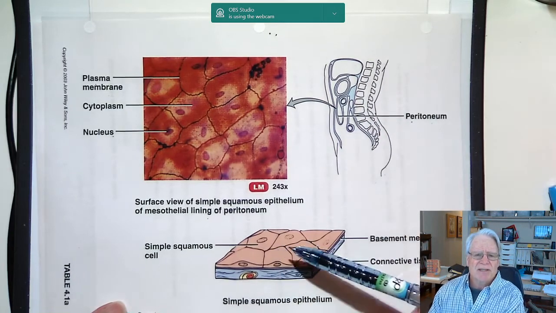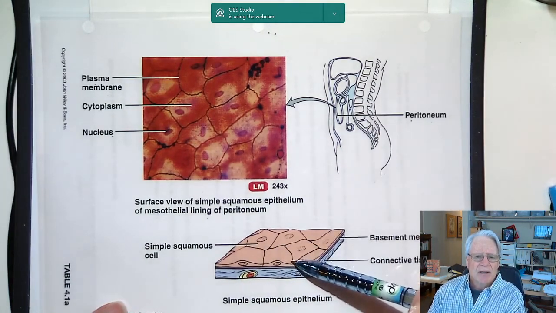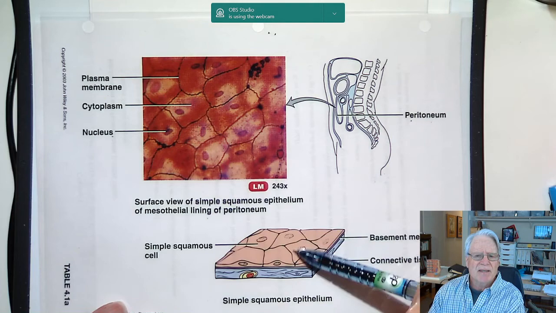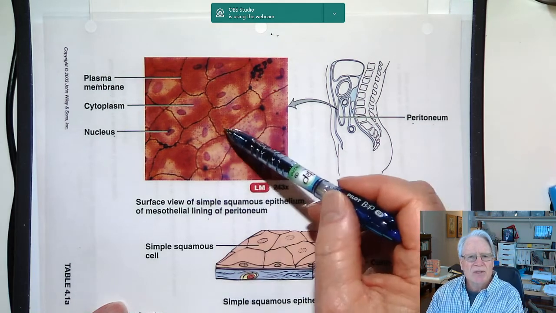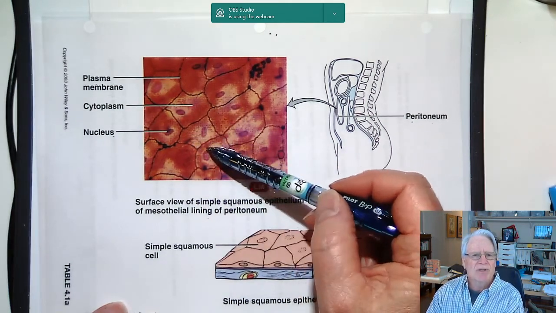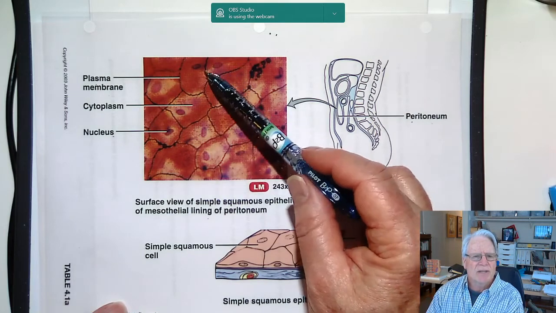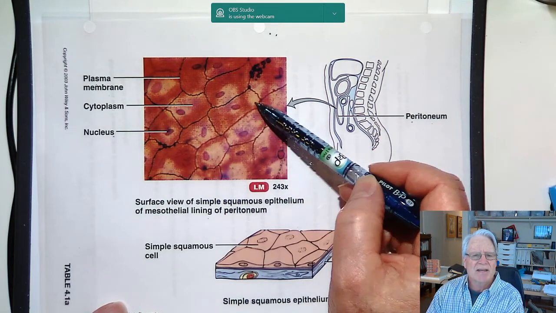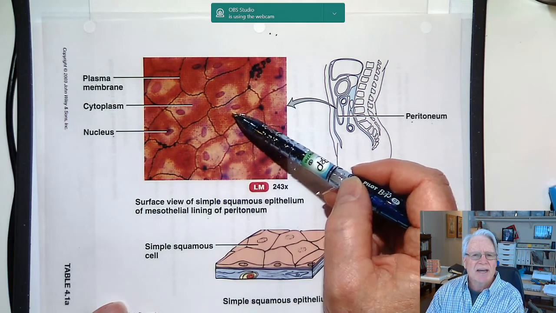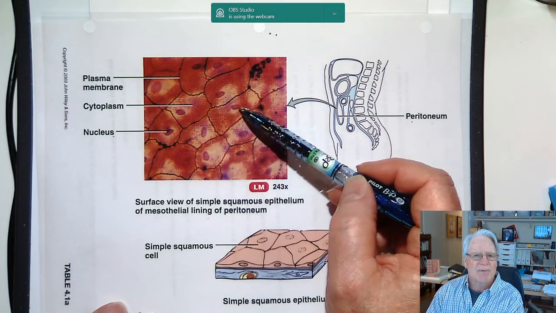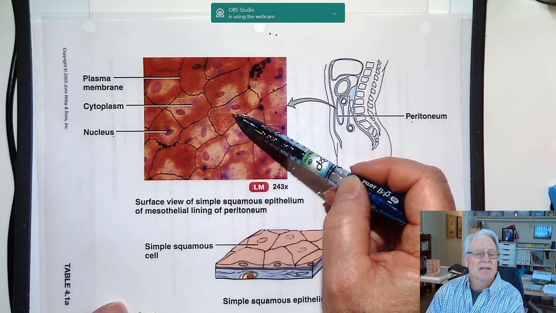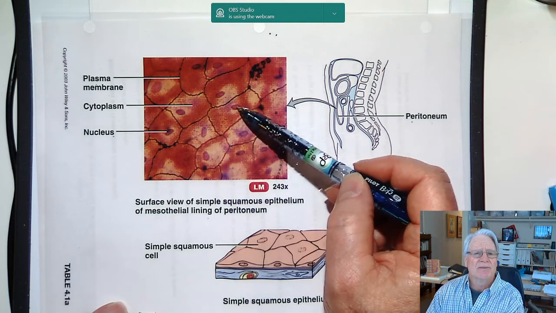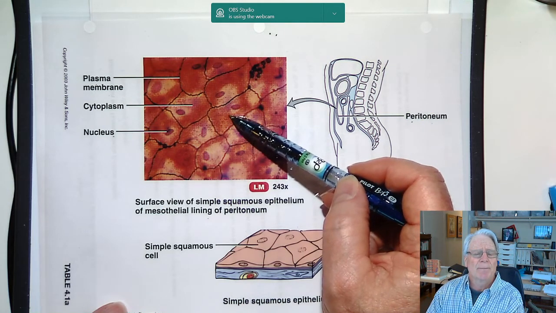Also, remember that this is a very thin layer. So if there were other cells underneath it, you would see ghost-like nuclei underneath. But what you're seeing is no ghost-like nuclei. You're only seeing that nucleus for this cell, that nucleus for that cell. You're not seeing nuclei that appear to be stacked on top of each other, like a stack of coins that are out of whack.